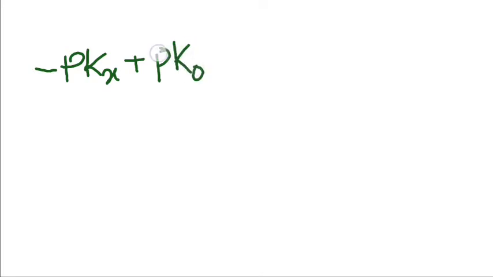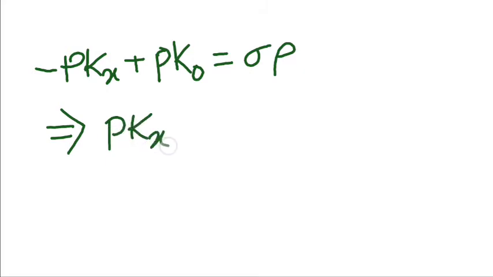Overall what we can write is pKx minus pK naught is equal to minus sigma rho, which can be rearranged as pKx is equal to pK naught minus sigma rho.